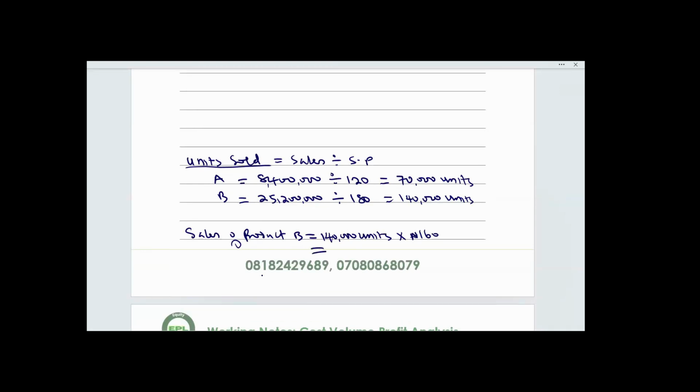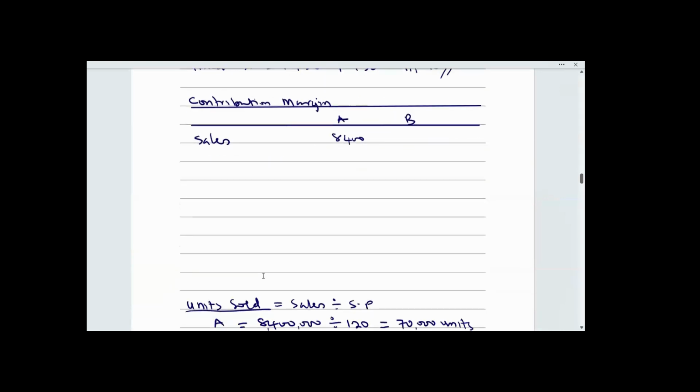So what do you have there? 22,400,000 naira. That's the revised sales of product B. So I can then go back to my contribution. Here is 22,400. Figures are in thousand.